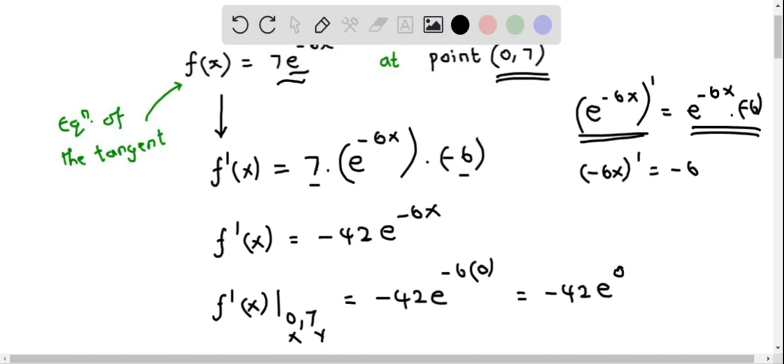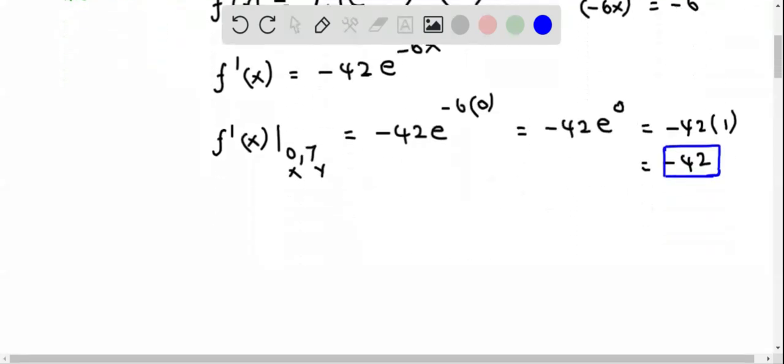So e raised to the power of 0 is 1. So negative 42 times 1 equals negative 42. So this basically represents the slope of the curve at the point (0, 7), which in fact is the slope of the tangent line at the point (0, 7).